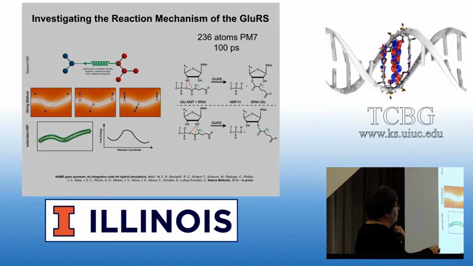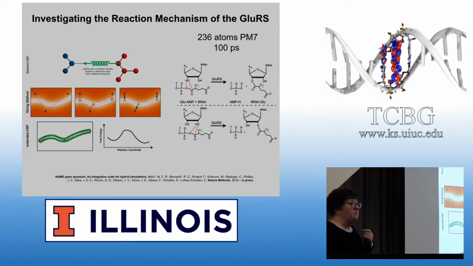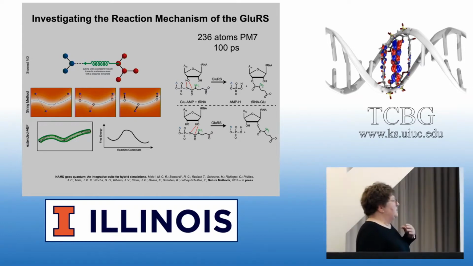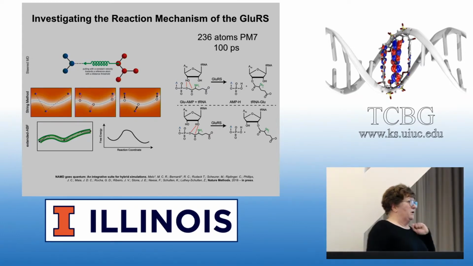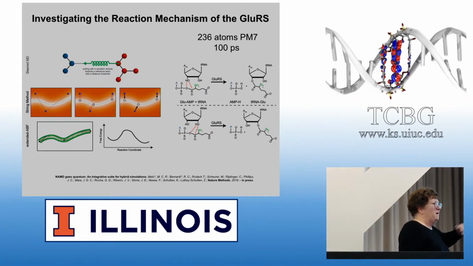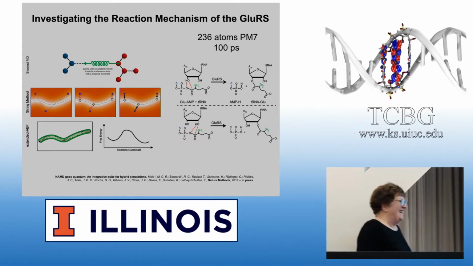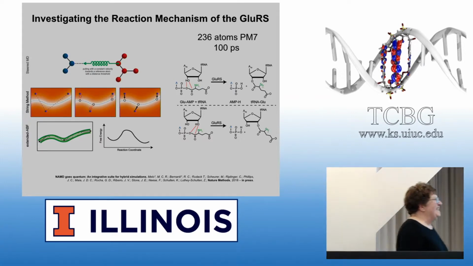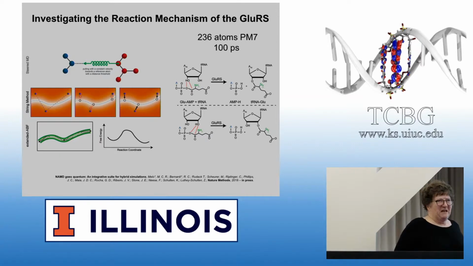The quantum mechanical part was 236 atoms. We used the PM7. So I hope that, Garrett, you'll explain what PM7 is tomorrow. Thank you. As I said, I did about 100 picosecond simulations on those.